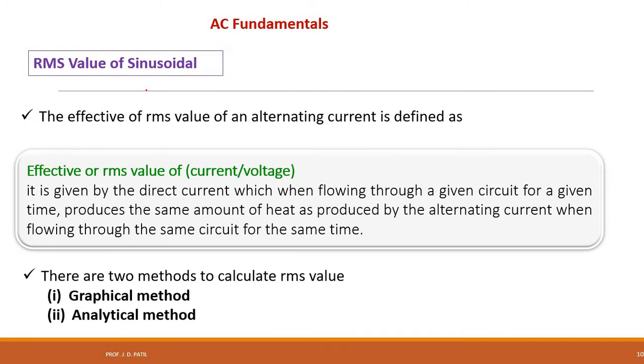The effective value or RMS value of alternating current or voltage is defined as the direct current which, when flowing through a given circuit for a given time, produces the same amount of heat as produced by the alternating current when flowing through the same circuit for the same time.